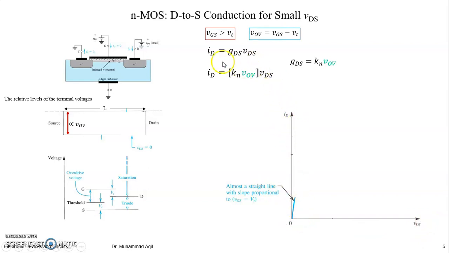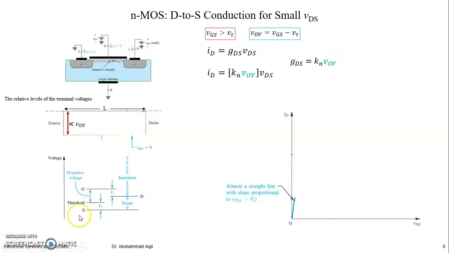So I can write ID is equal to the conductance of the transistor multiplied by the applied voltage VDS. And GDS is equal to KN VOV, so ID is KN VOV into VDS.